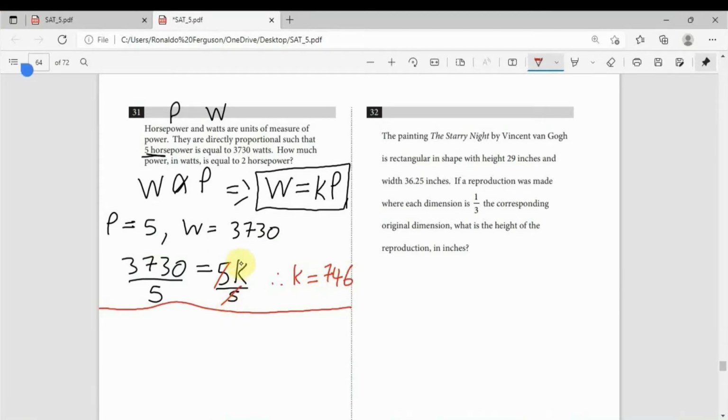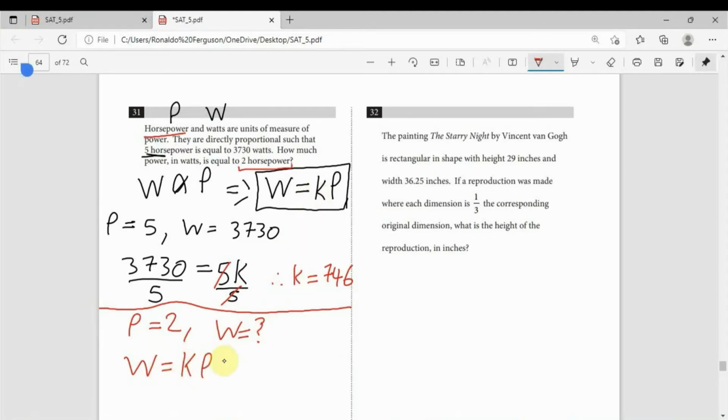Now notice it says how much power in watts is equal to 2 horsepower. Horsepower we said is P, so when P is equal to 2, we need to find W. Remember, W is KP.